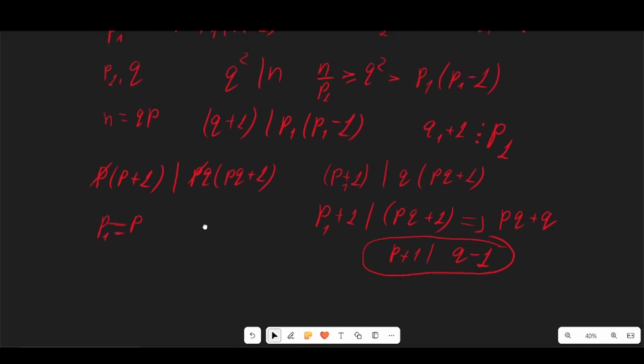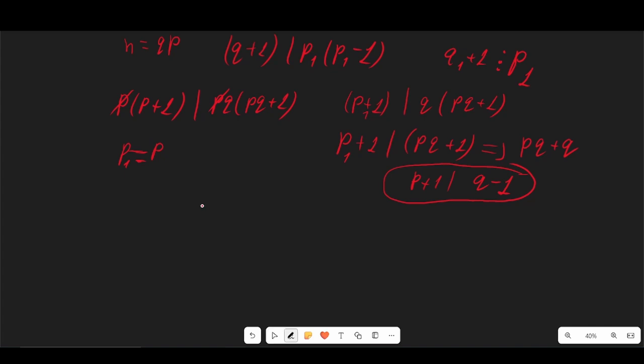Now we are searching for the prime number q such that q equals 1 mod p plus 1, and q equals negative 1 mod p.